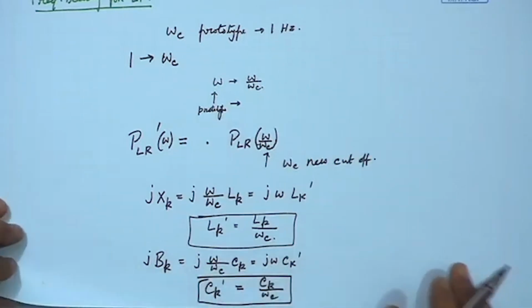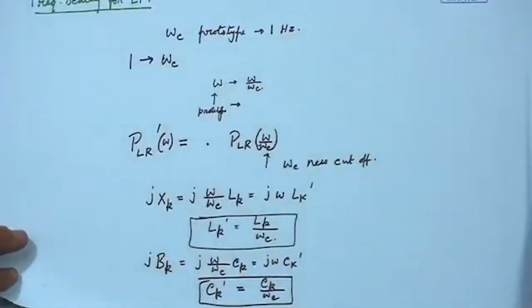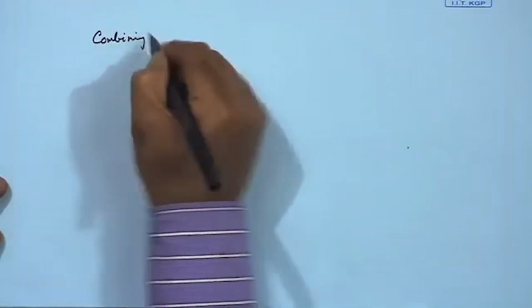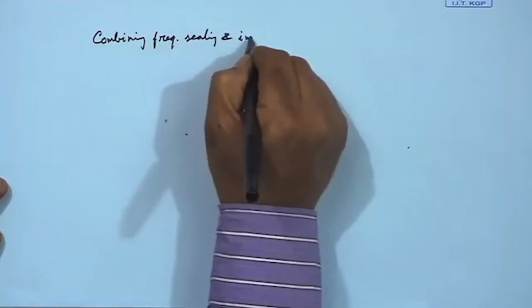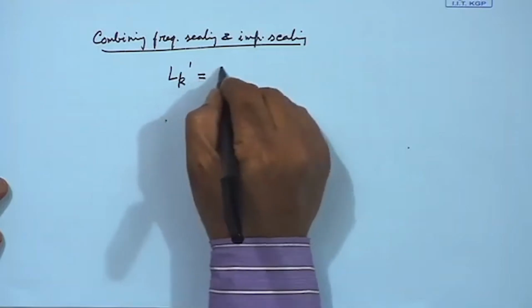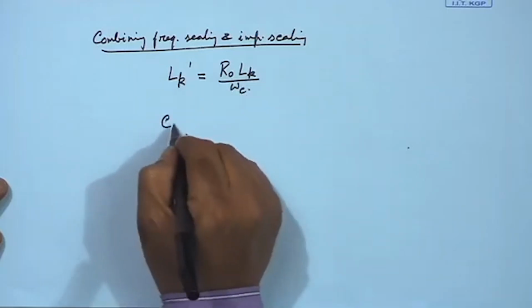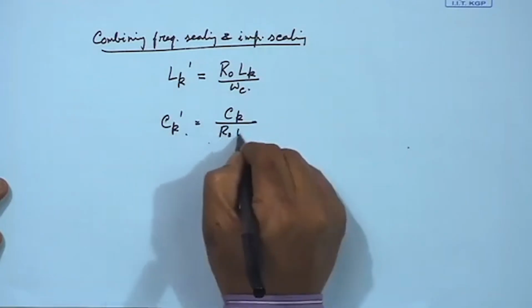Now, when we combine frequency scaling and impedance scaling, we get Lk dashed is R naught Lk by omega c, and Ck dashed is equal to Ck by R naught omega c.